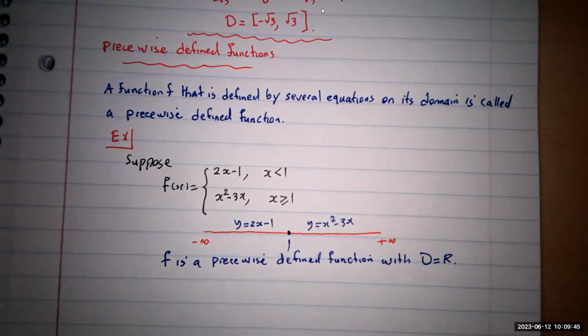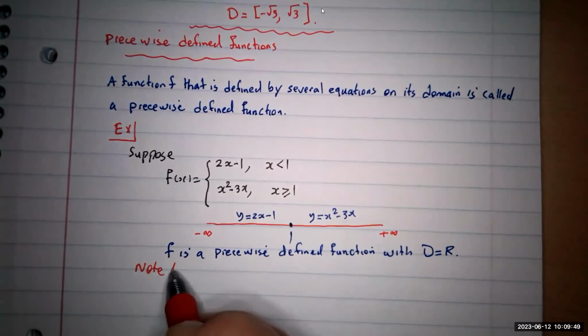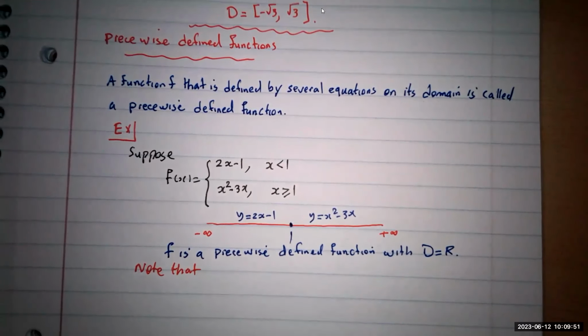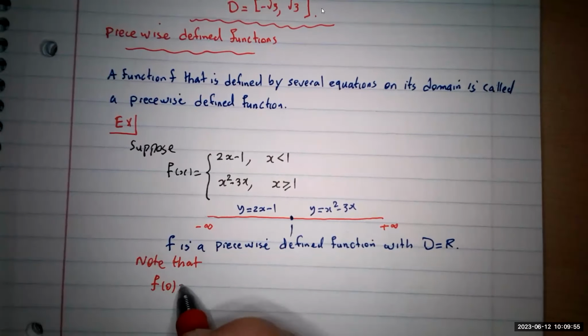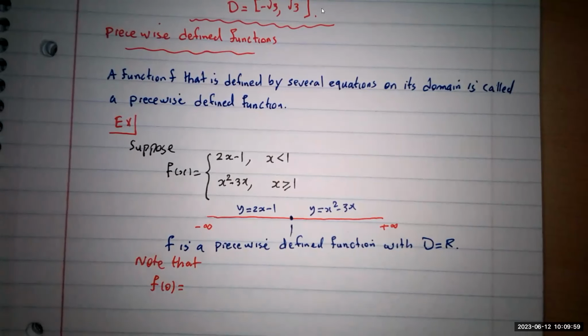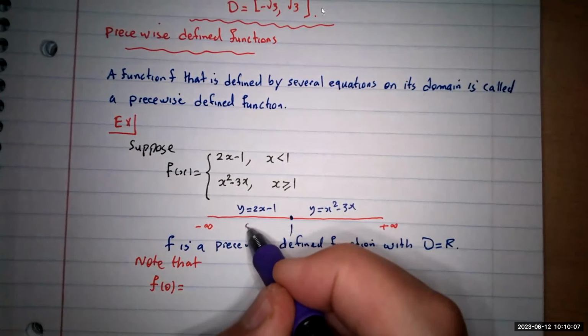So for example, suppose you want to find f of 0. You check to see where 0 is. Is it in the first portion or in the second portion? 0 is less than 1, so 0 is here.